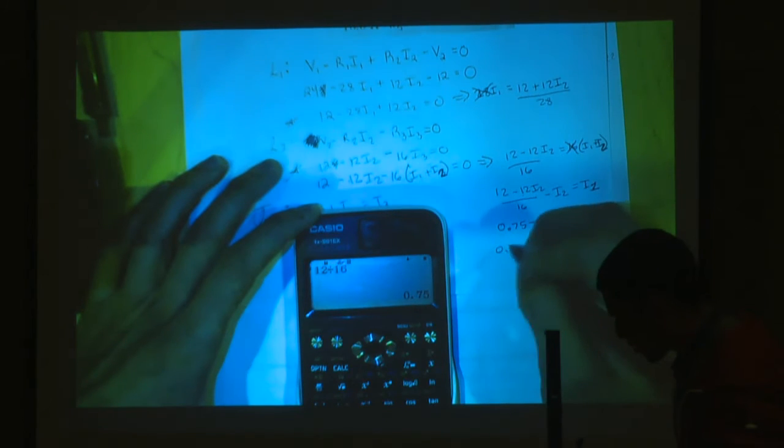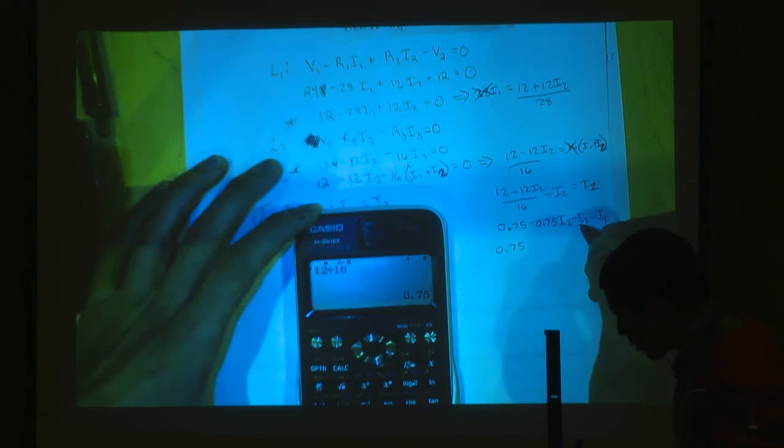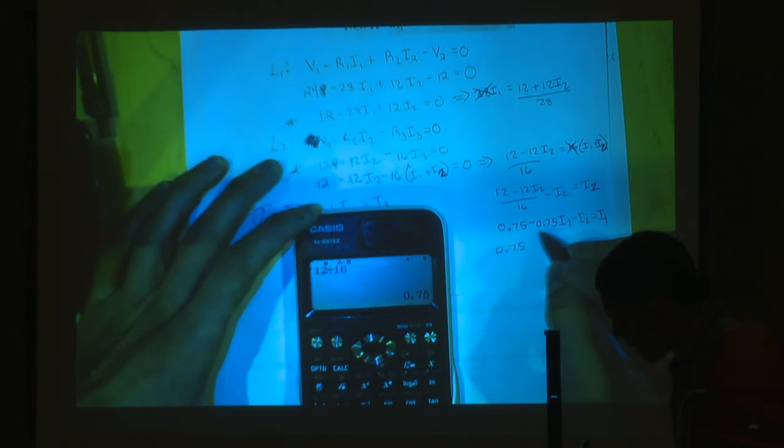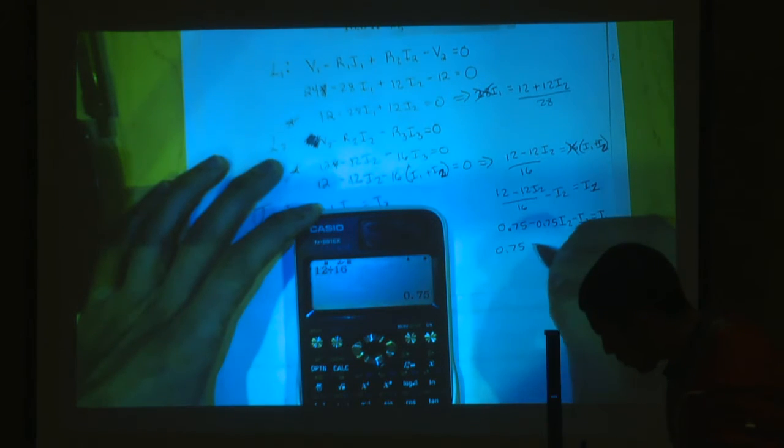We simplify this further, so this is 1. Negative minus a negative is like adding the two, so we'll have 1.75 I2 equals I1.